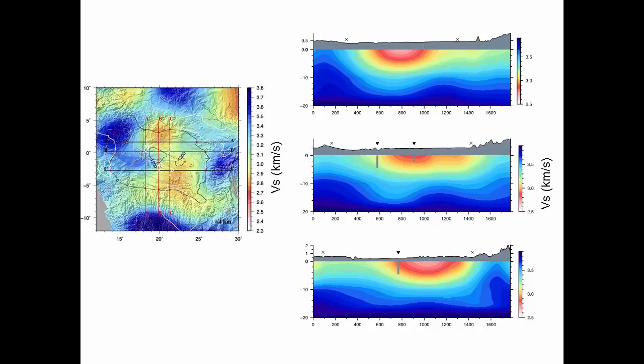What we can see is a low wave speed region here under the basin. The X's are the edges of the basin, right there. So we see this low wave speed area. And this well here, none of these wells penetrated basement. This well is the deepest one at 4.5 kilometers. It didn't get all the way to the basement.